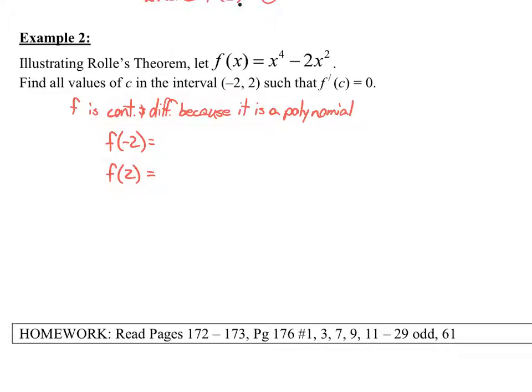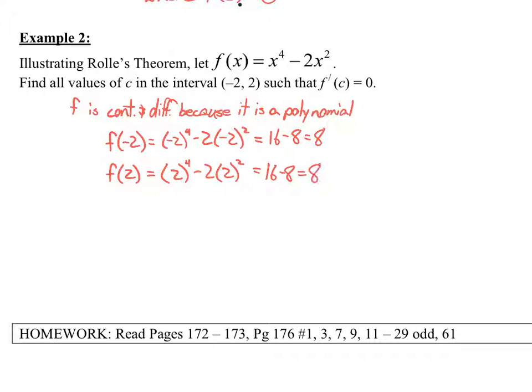So here I'm going to plug in -2 to the fourth minus 2 times -2 squared. And I also have 2 to the fourth minus 2 times 2 squared. So I have 16 minus 8 is 8. And down here I have 16 minus 8 equals 8.